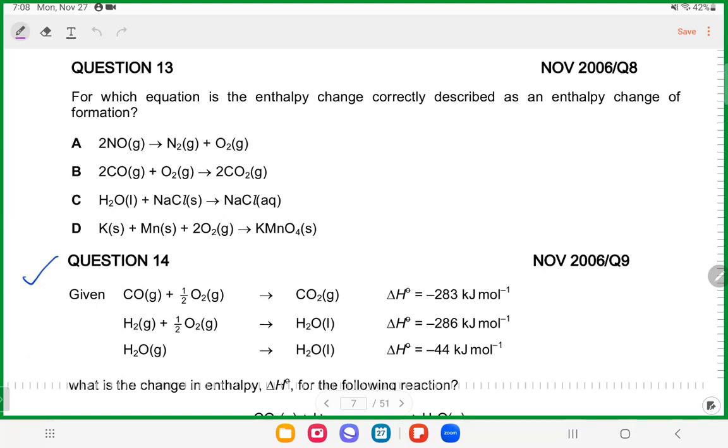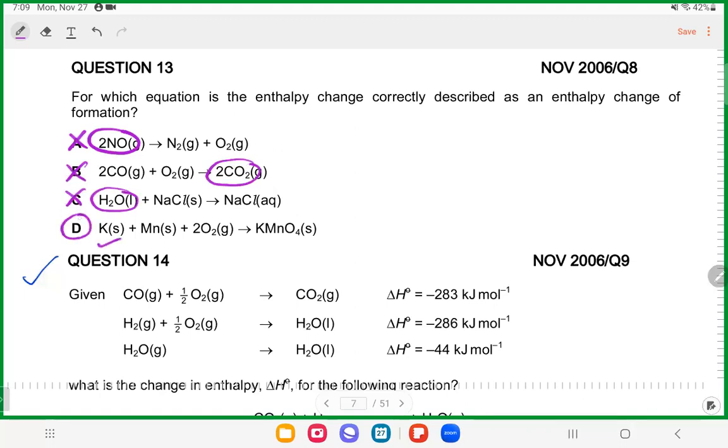So which equation represents the formation? Where the right side has 1 mole of the compound and the left side has elements. It could not be A because A has a compound on the left side. It could not be B because B has 2 moles. It cannot be C because C has no element, it is reactive. D is the right answer.